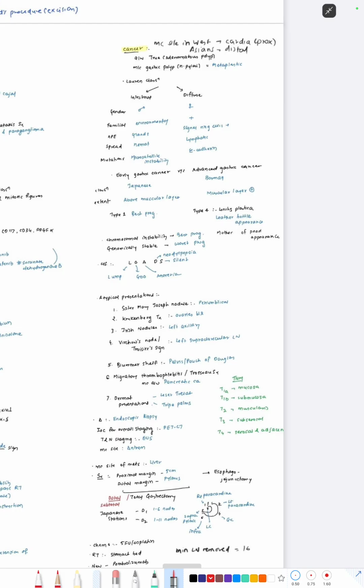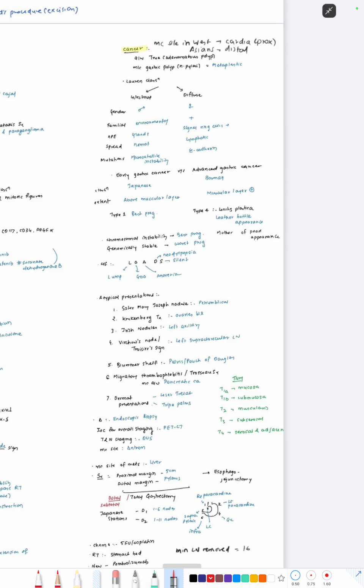It is familial and environmental in intestinal, and in diffuse it is of familial origin. On histopathological examination, in intestinal cancer there are glands, spread is hematogenous, and the mutation is microsatellite instability. While in diffuse, there are signet ring cells, spread is lymphatic, and E-cadherin mutation is seen.